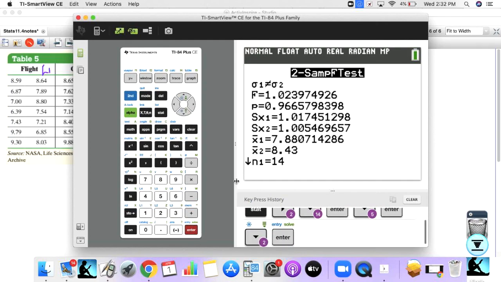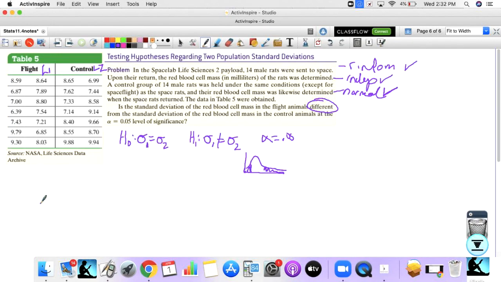So I end up getting these values. I get that my test statistic is 1.024. That's my F score. Okay, and I'd have to round it up. And then I get that my p-value is 0.96657 or 0.9666. Okay, so we'll write those down in here.